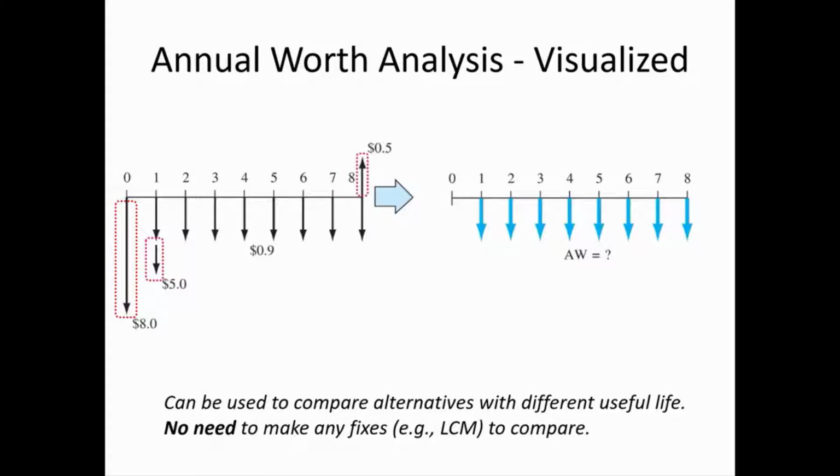And then finally, think about the amount, our salvage value here at year 8. To convert that into the annual series, you've got a couple of options. You could do find A given F, and if you do find A given F, then it would directly go into years 1 through 8. And the general form of a future versus annual series is that it would also distribute into year 8.